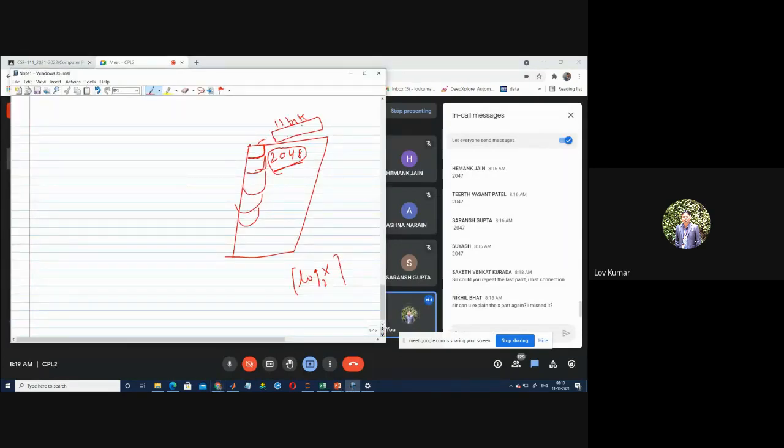Now this hotel has already purchased one software that will generate the room number based on the rooms. This software will generate room numbers in binary form.